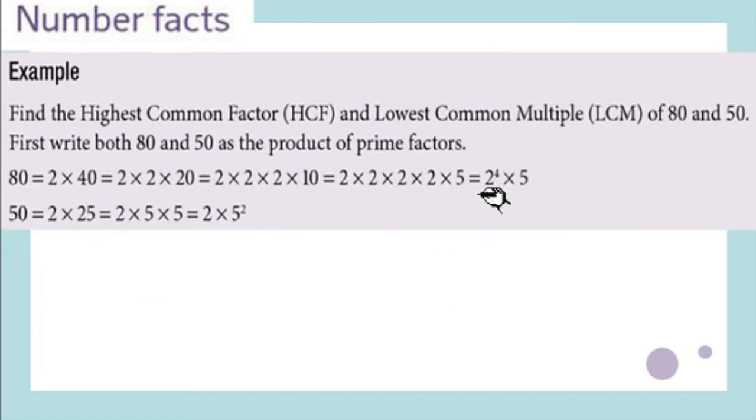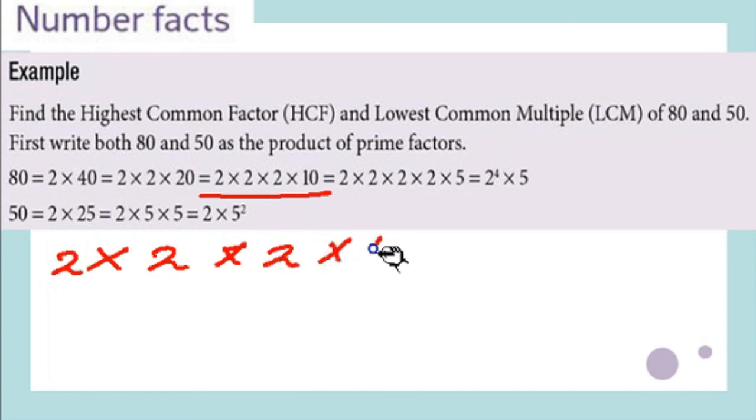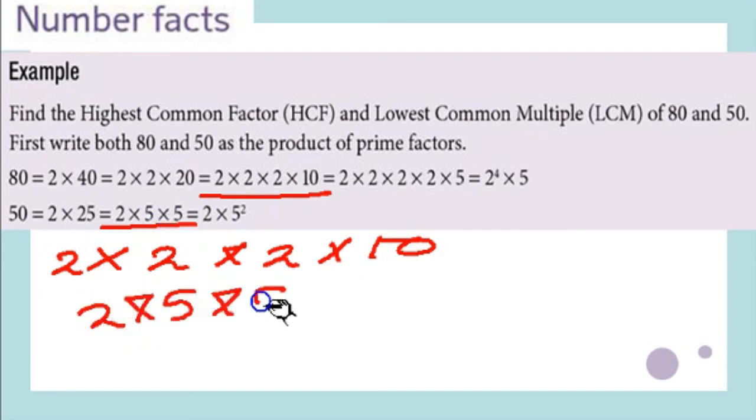So the common factor here is 10. How, Master? Look at this step: 2 by 2 by 2 by 10. And look at this step here: 2 by 5 by 5. 2 by 5 equals 10.